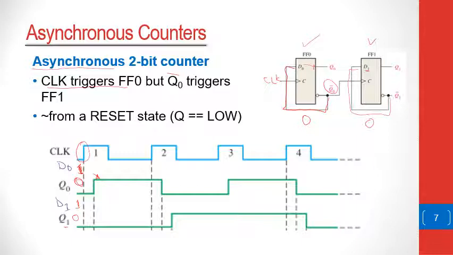Now at that particular moment, remember flip-flop number 1 is being triggered by Q0 bar. So as Q0 goes from 0 to 1, Q0 bar will simply dip.